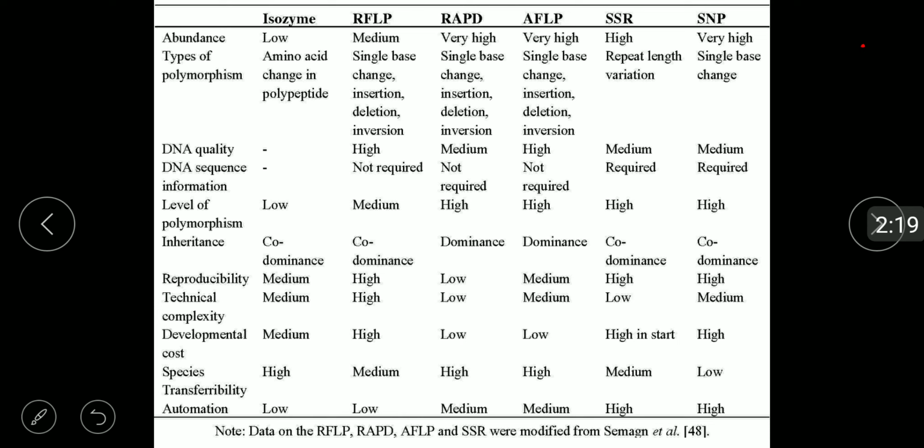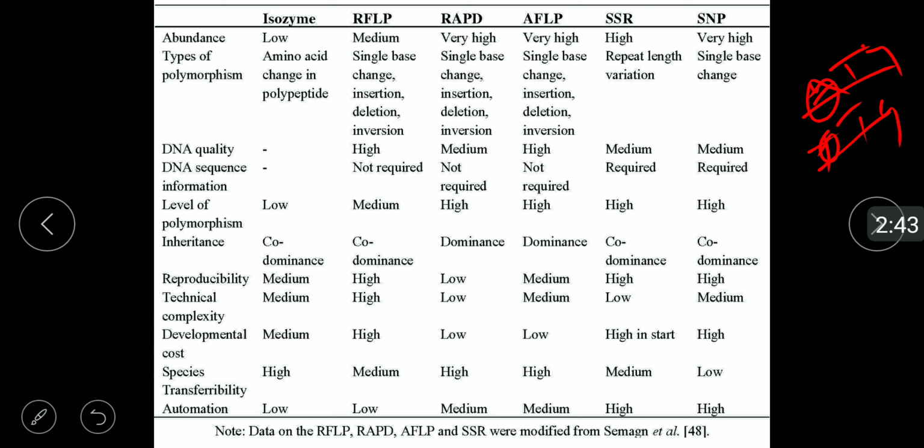Single nucleotide polymorphism means a single base change. For example, if ATG is there in one genotype, in another it may be a T or G, a change in a single base pair.